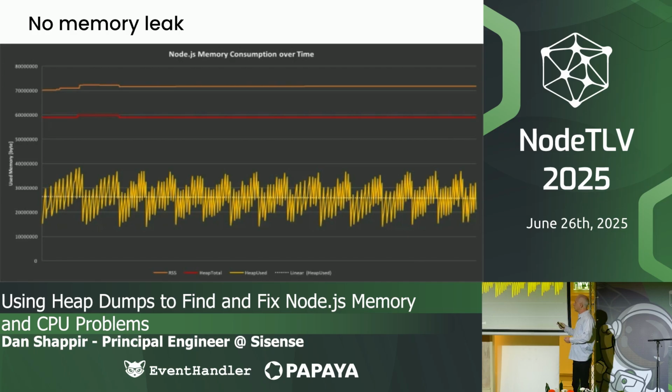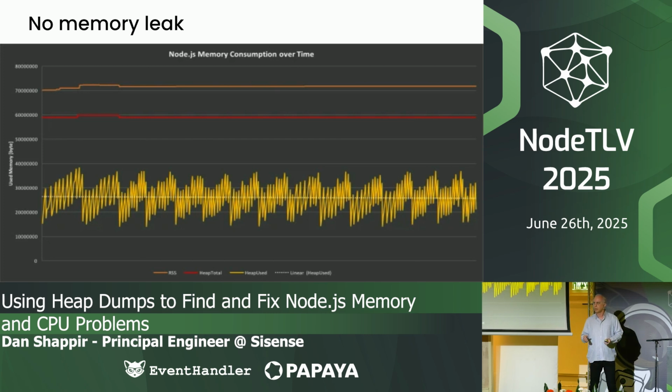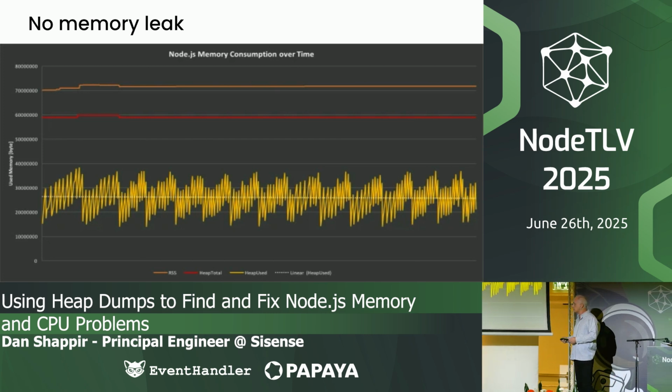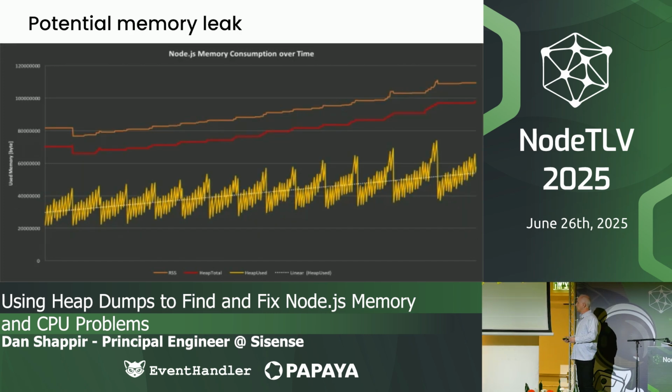In fact, you can see here that Node uses a generational garbage collector, because there's a much more frequent small garbage collection that releases some but not all of the unneeded memory. And then every once in a while, a full garbage collection is executed, which releases all the memory that can be released. If you have a leak, it looks something like this.